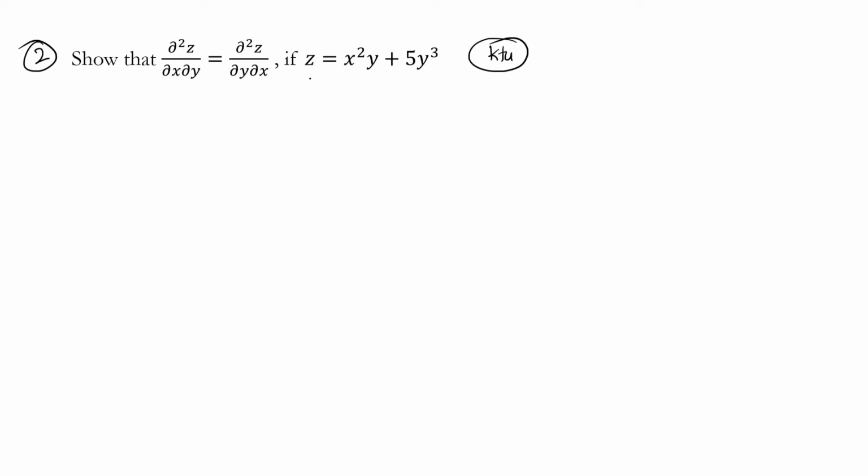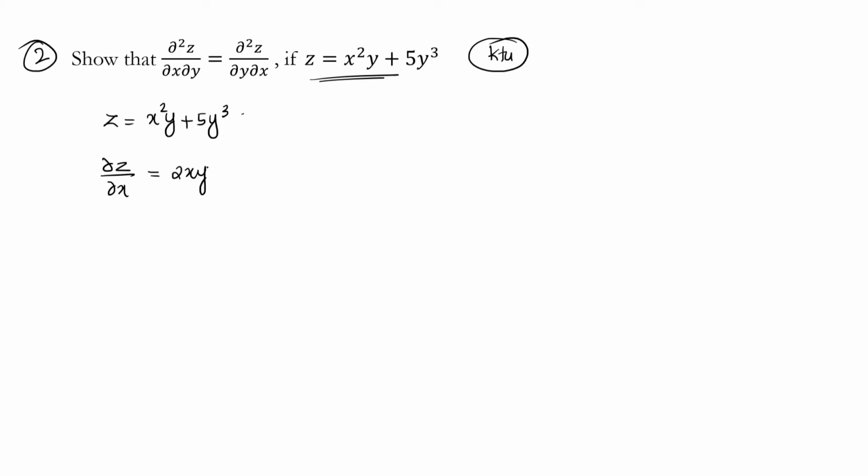Here the function is given like this, z is equal to x square y plus 5y cube. For that, first we will differentiate it with respect to x. Dou z by dou x is equal to 2xy.